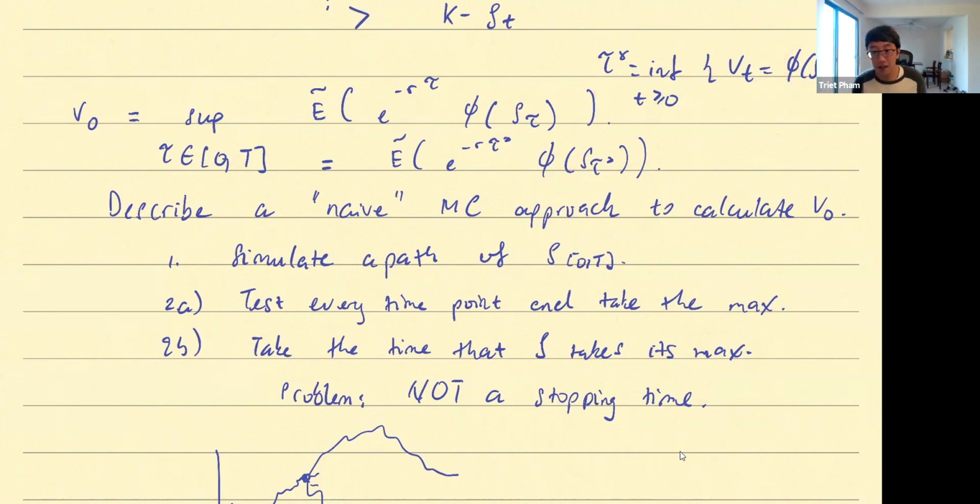I guess tau star does define V0 in some way, Don, but that way is very convoluted because it involves VT in the future. That's really the difficulty of this question. It's just the way the American option is constructed.